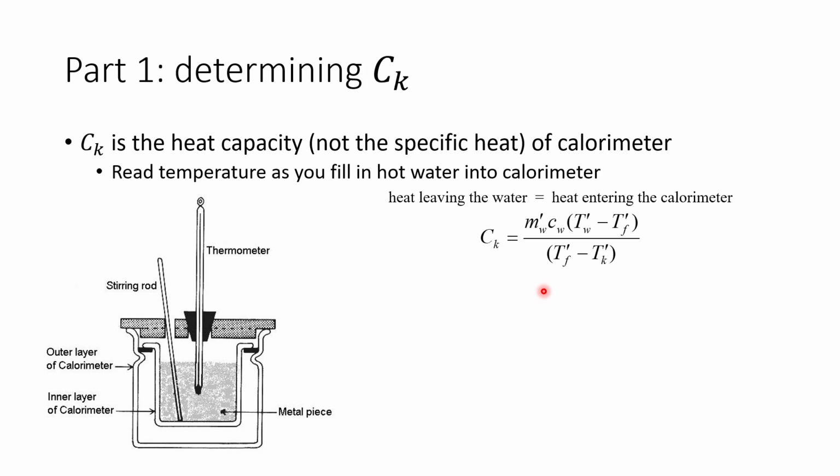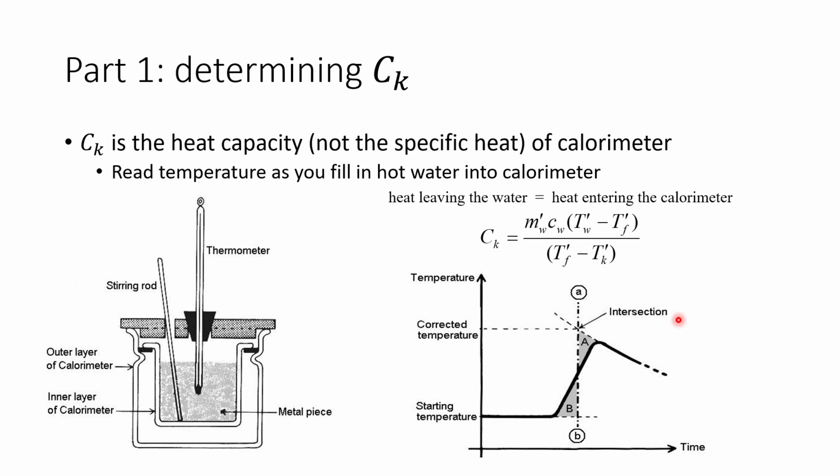So now we need to figure out what is the final temperature and what is the initial temperature. So the way to do it is basically imagine the scenario. You have this box of the calorimeter just sitting around by itself, and then you just sit down and wait.